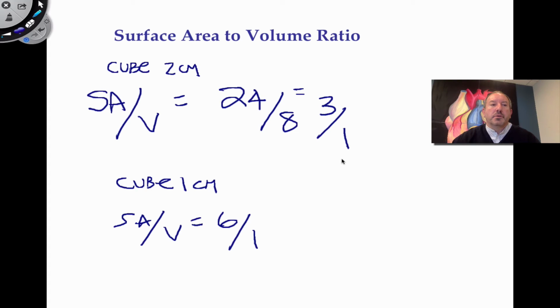So what's interesting about this, just to analyze for a second, is that you can see there's a greater surface area to volume ratio, 6 to 1, in the smaller cube. But what's remarkable to me is, do you see how the surface area is increasing 4 times? The surface area is increasing 4 times, but the volume is increasing more. The volume is increasing 8 times in the larger cube.